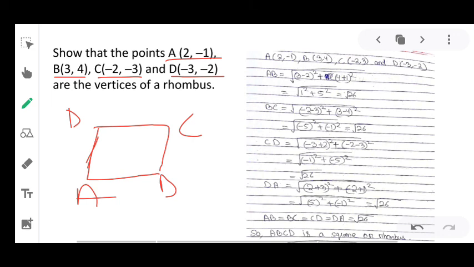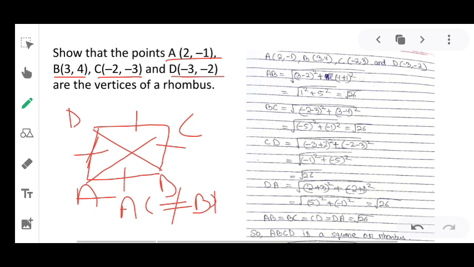So in a rhombus all sides are equal, that means AB equal to BC equal to CD equal to AD, and the opposite sides are parallel. Okay, and the diagonal AC not equal to BD, that means AC should not be equal to BD.